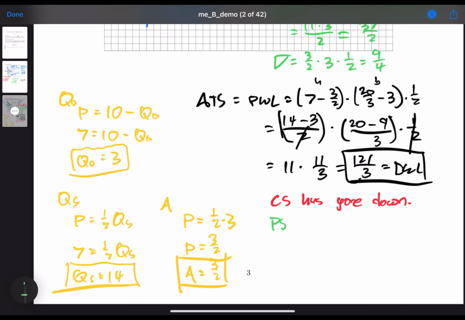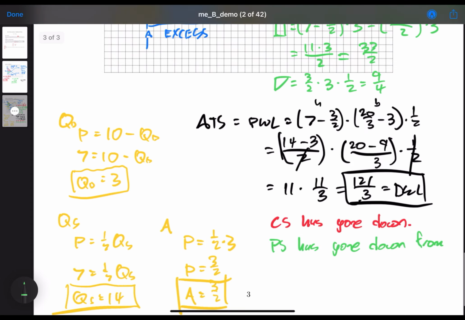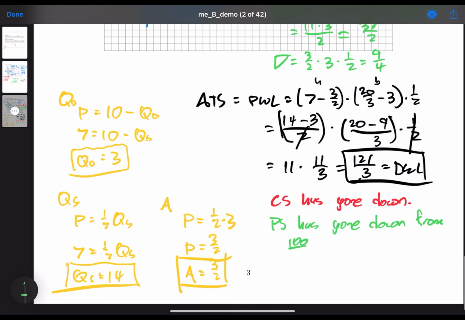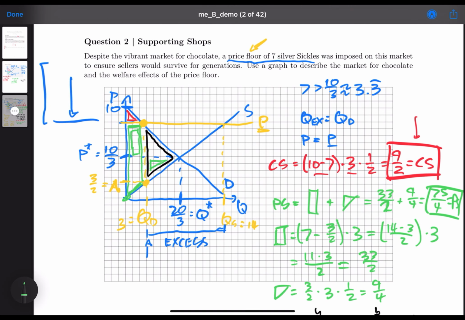So again, producer surplus has gone down from 100/3 to 75/4. Okay, so this policy was directed at ensuring chocolate sellers could survive into the future.